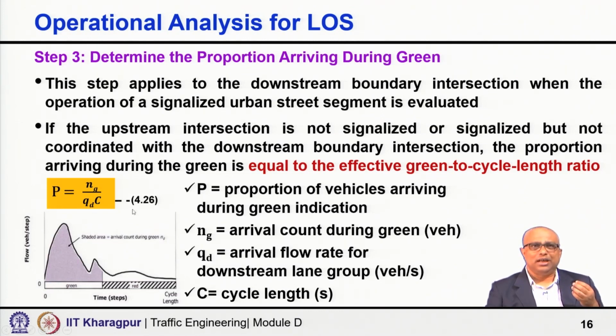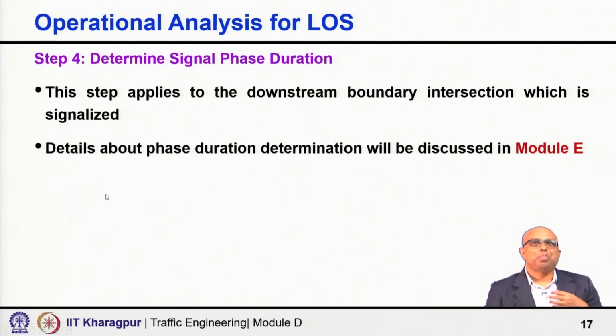The proportion is NQ, the vehicle arrival count during green, which is this shaded area, that many vehicles arriving during green, divided by QD, the average flow rate for the downstream lane group, multiplied by the cycle time. So, that is the proportion that is arriving.